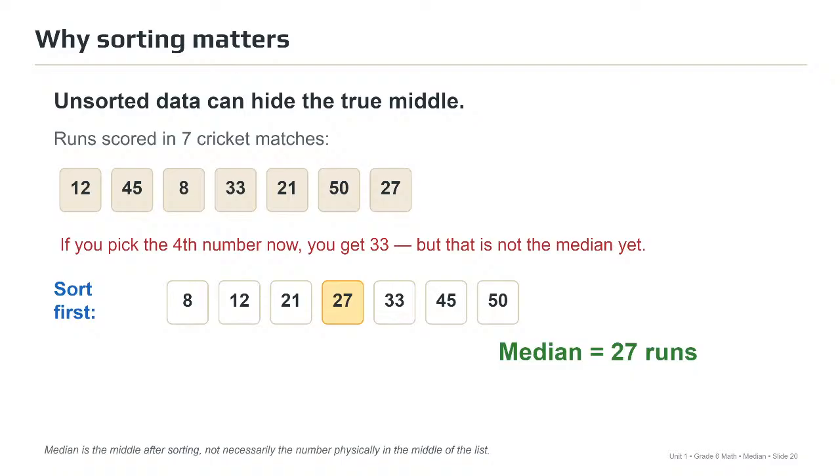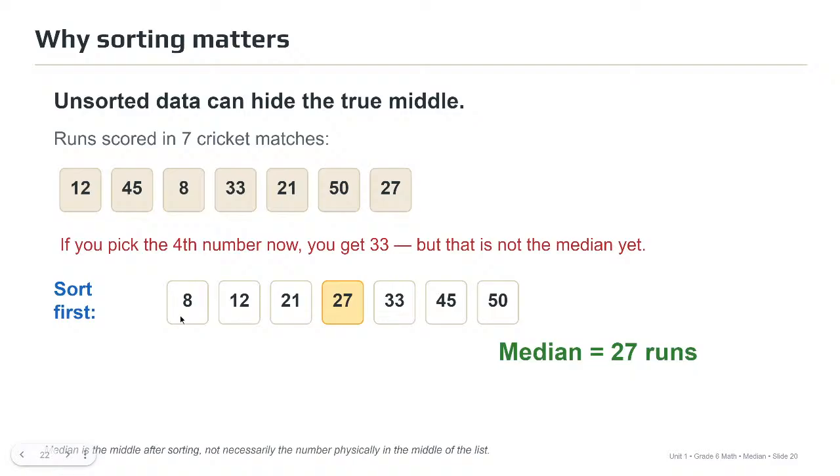Why sorting matters: unsorted data can hide the true middle. For example, runs scored in a match: 12, 45, 8, 33, 21, 15, 27. It's hiding the true middle. If you pick the fourth number now, you get 33, but that's wrong, that's not the median. You have to sort first.